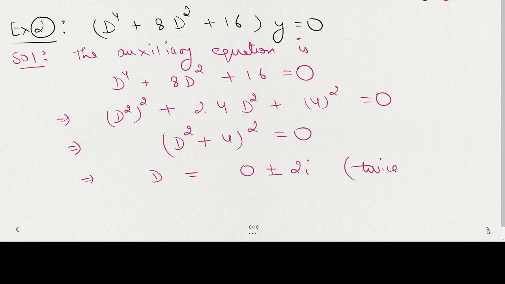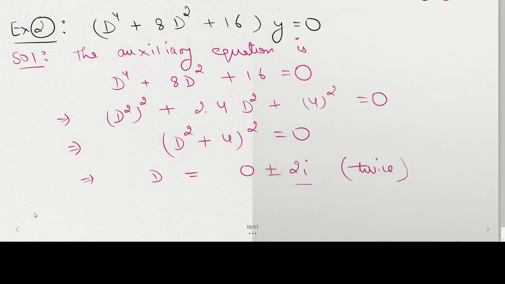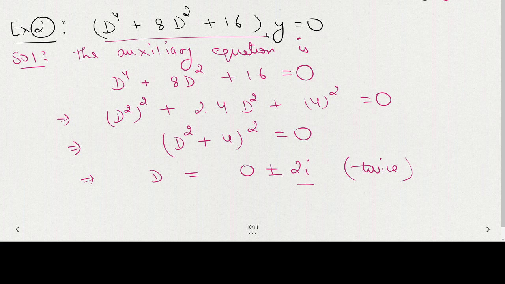If we have repeated complex roots, then the complementary function, or the required general solution, is y = CF, because we have only this term.